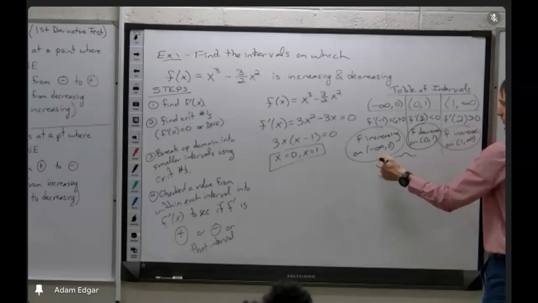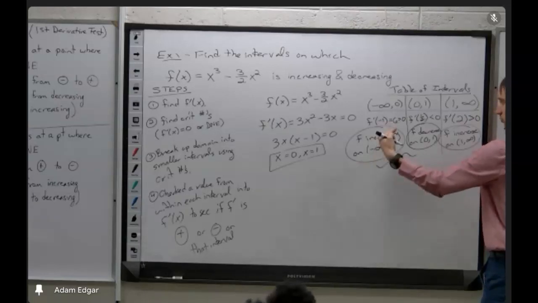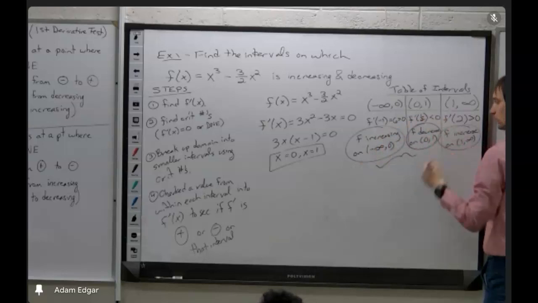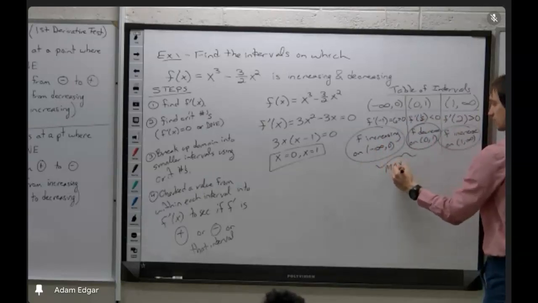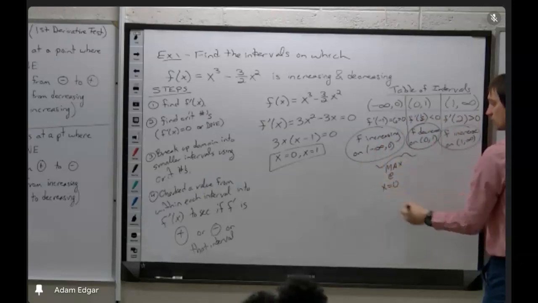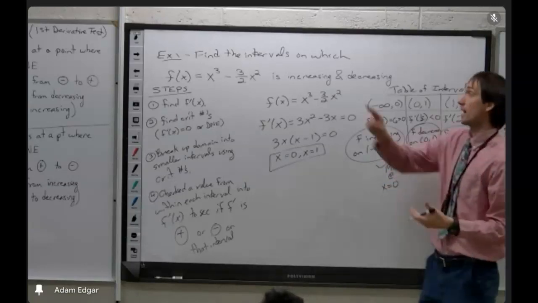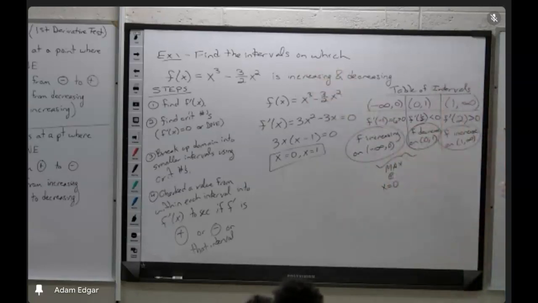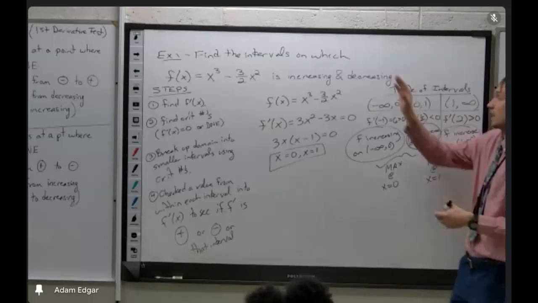A max, because we're going up, we reach x equals 0, and then we're going down. So there has to be a max at x equals 0. To find out what it is, plug that into the function. We'll come back to that in example 2. And here, we're decreasing, hit 1, and then increasing, so we have to have a minimum at x equals 1. Again, to find what the minimum is, plug that into the function.